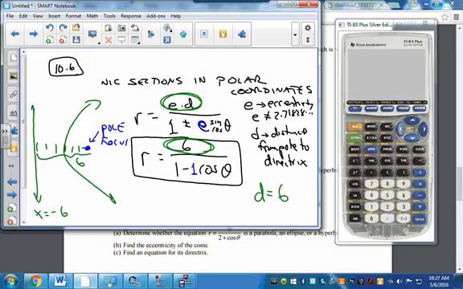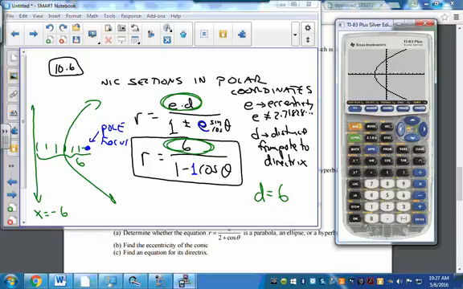Now, I suppose we could show that too, but I can't type in x is equal to. How do I do x is equal to negative 6 on my calculator? I got to do r equals, right? How do I do that? Anybody? x is negative 6. How do I type that in for r?